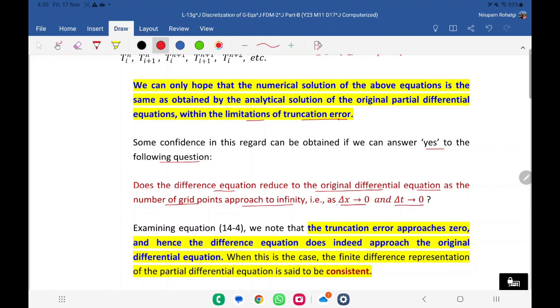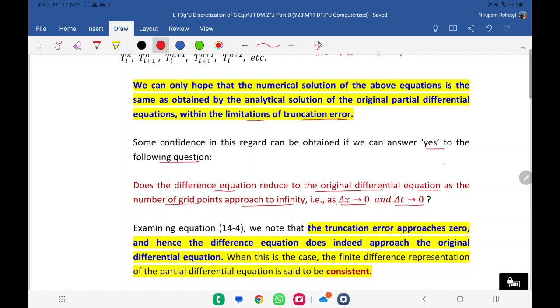Still, what is happening is that you are converting a partial differential equation into algebraic equations. Truncation error is an infinite number of terms. Right? Now, if delta t approaches 0 or delta x approaches 0, what is happening?